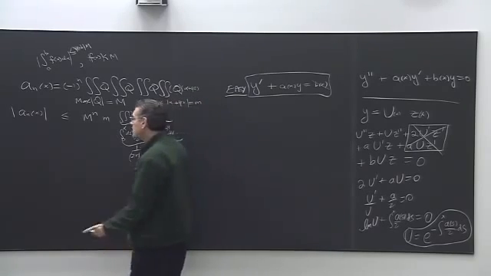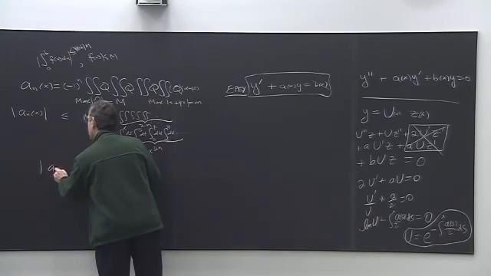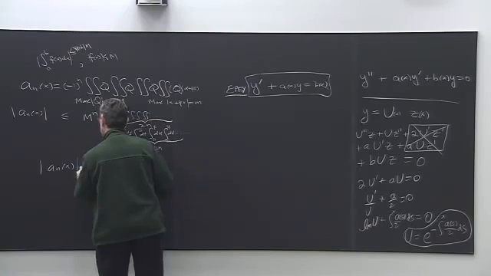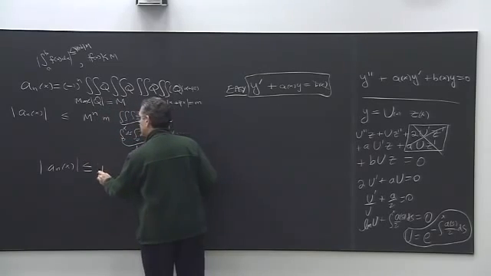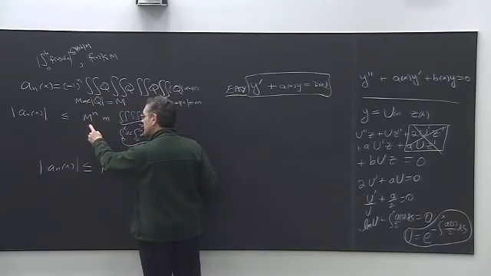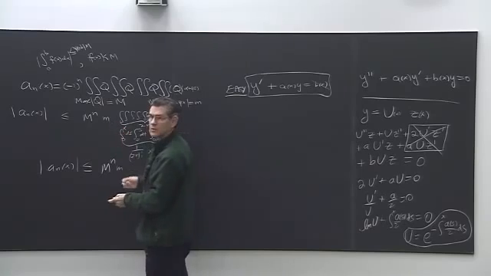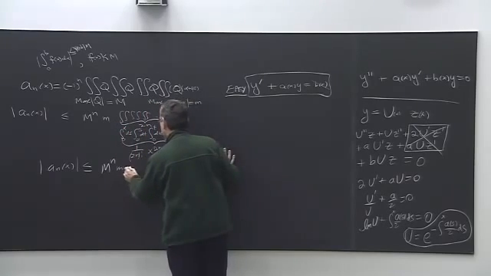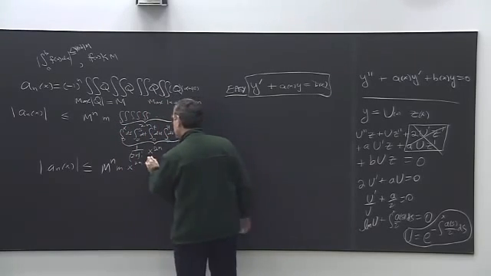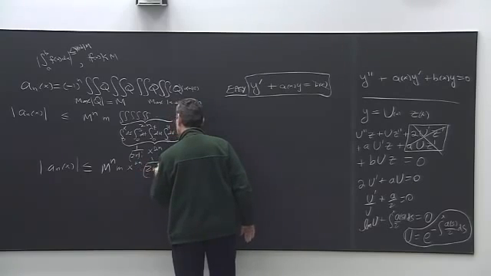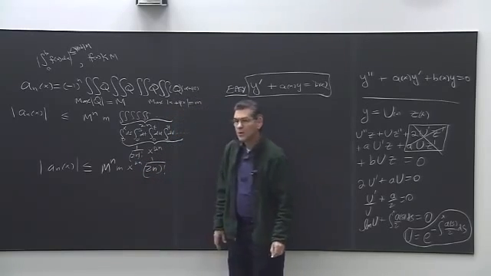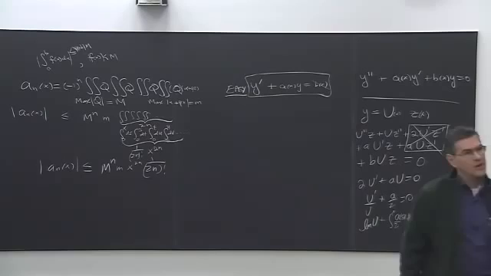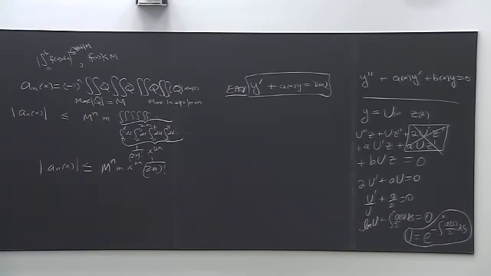So what we have just shown is that the nth term in the perturbation series is smaller than some constant to the n, times some other constant which we don't care about, times x to the 2n times 1 over 2n factorial. So this perturbation series, this is fantastic.